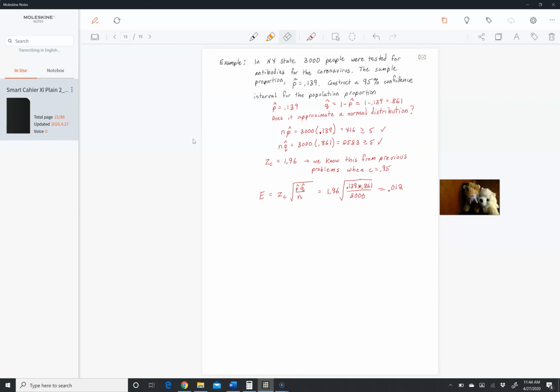So now we find our interval. We're going to do p hat plus our margin of error. And p hat was 0.139. So if we add 0.012, this gives us 0.151.